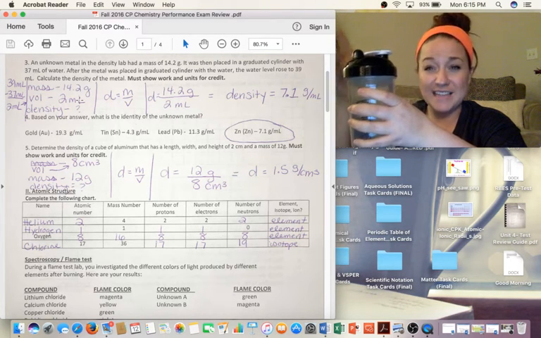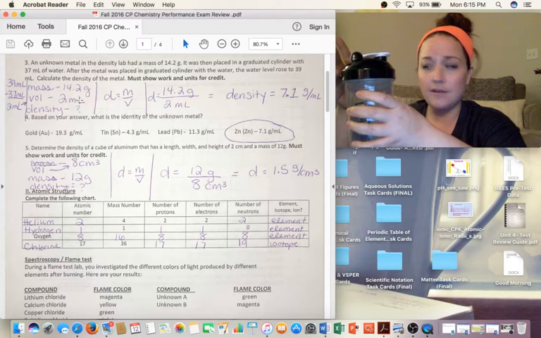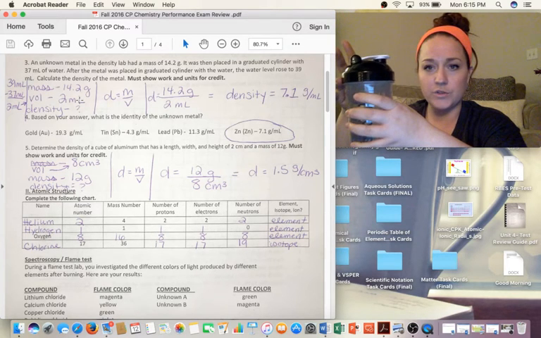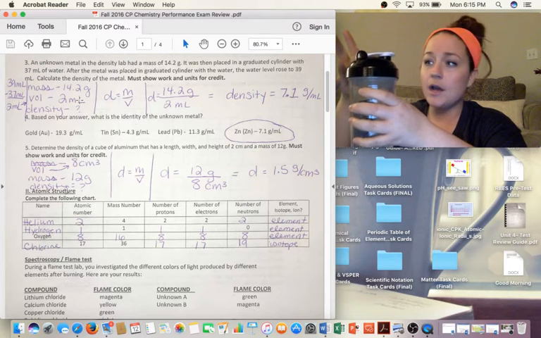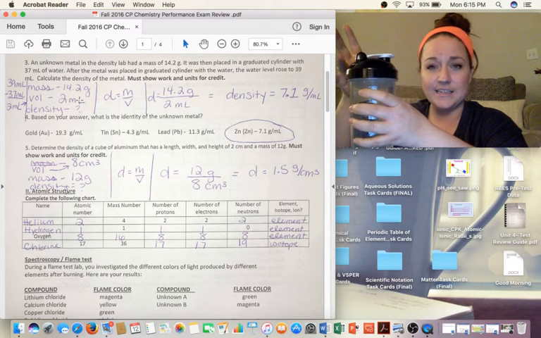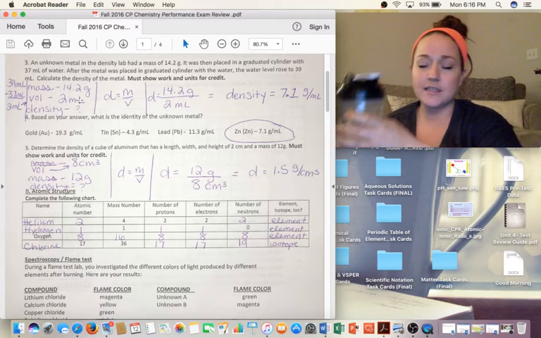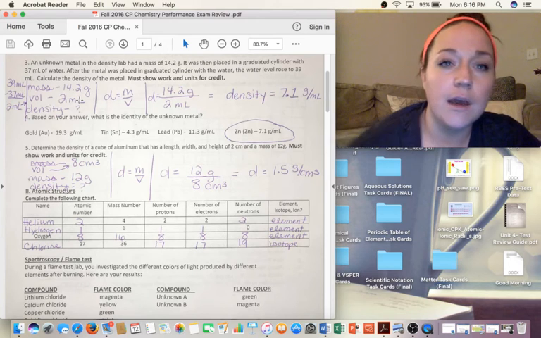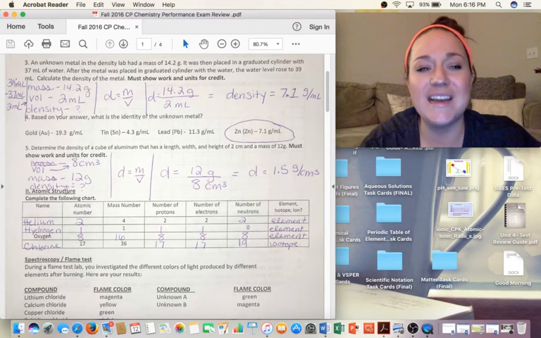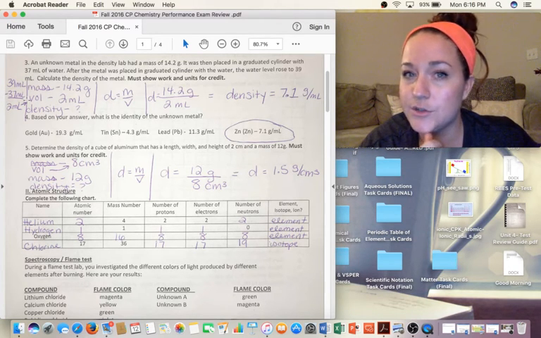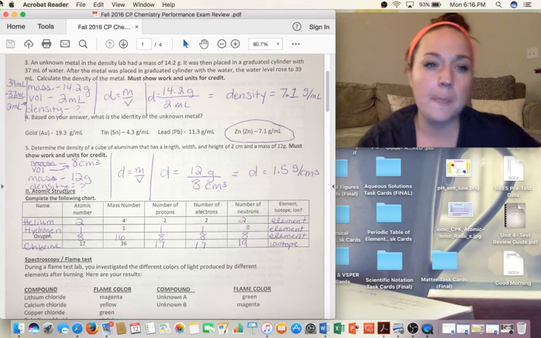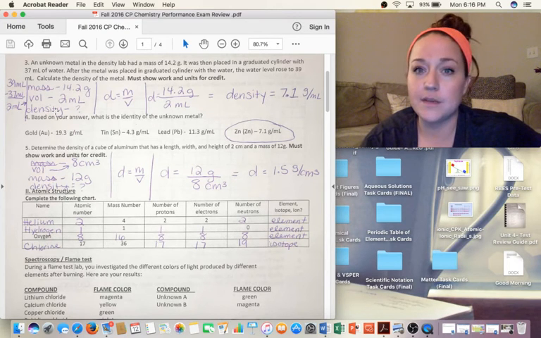So the displacement of that from the starting point of the water, which was the 37 milliliters, up to the 39 is a displacement. So that displacement is the volume of whatever you dropped into that. So 39 minus 37, you get 2 milliliters. So that's going to be our volume.